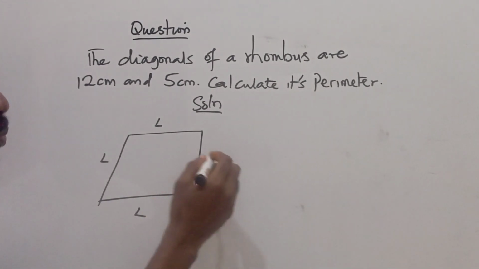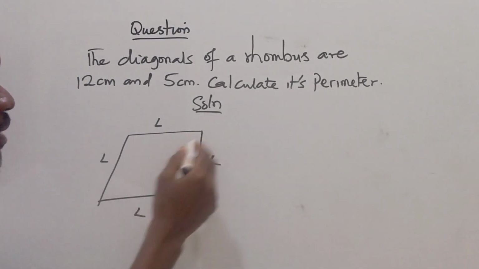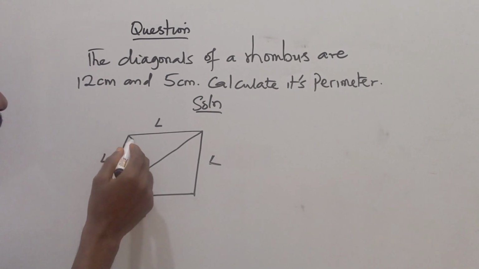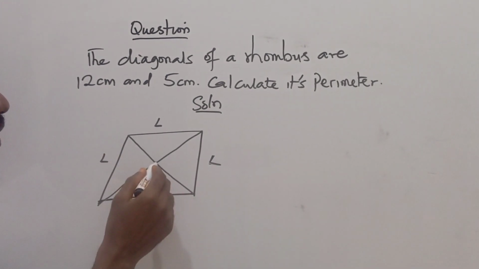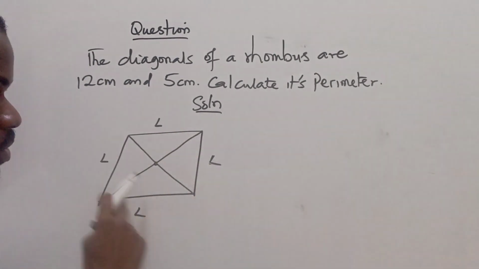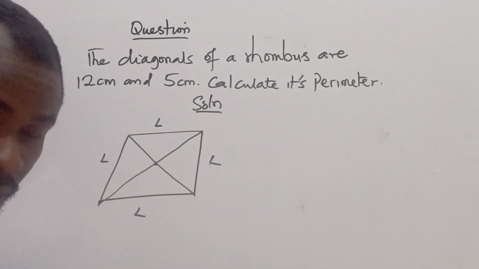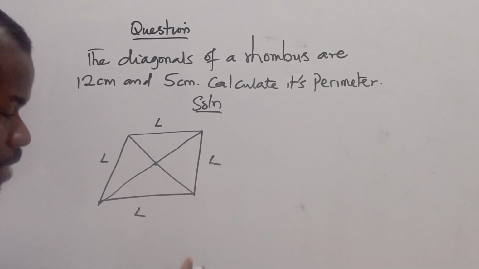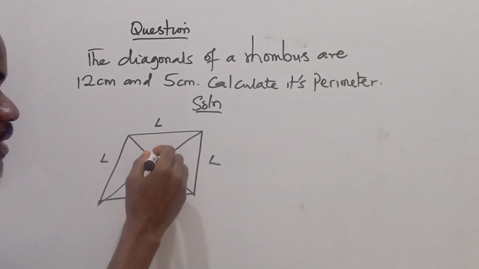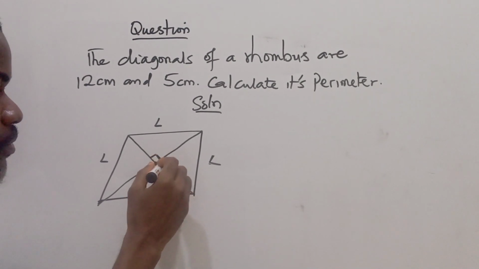Now it has two diagonals. We have one coming this way, another diagonal coming this way, both meeting at this point. All the sides or lengths are equal. Then it has two diagonals that intersect. This is the point of intersection. They intersect at 90 degrees.